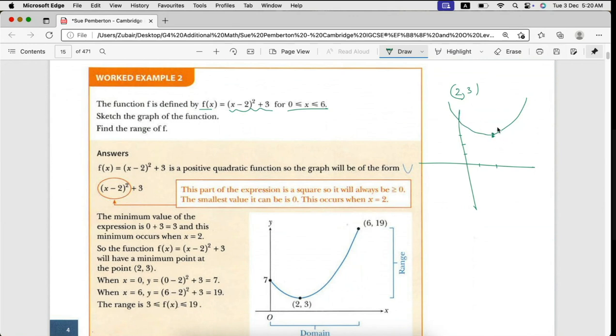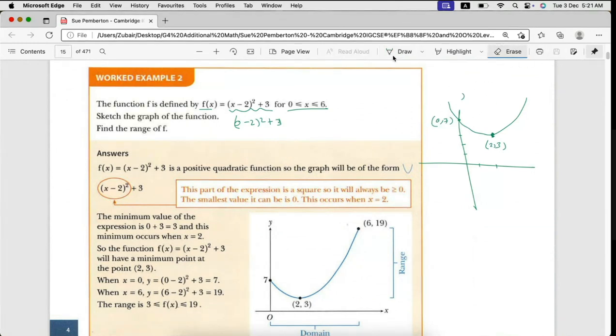When we draw this smiley face, turning point is right there, 2, 3, and we can find the point of intersection by substituting x is 0. So when x is 0, 2 square is 4, 4 plus 3 is 7. So this point of intersection is 0, 7.